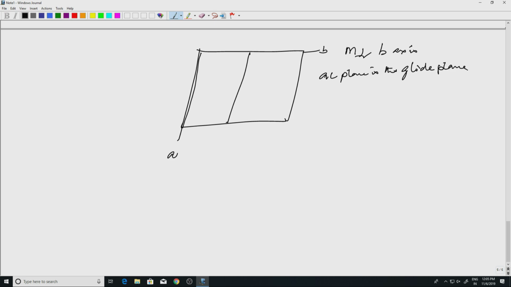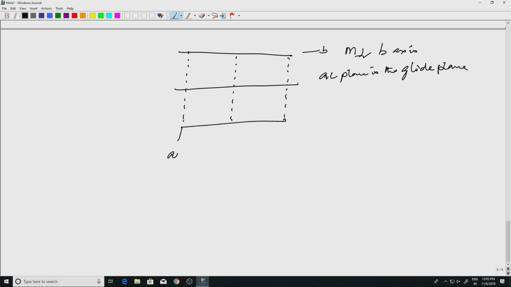So it should be represented as a dot. That means this is here, this is the image in the mirror, but this has been taken by half unit, so it is represented this way. So same thing here. So we can see this one again by the glide plane.